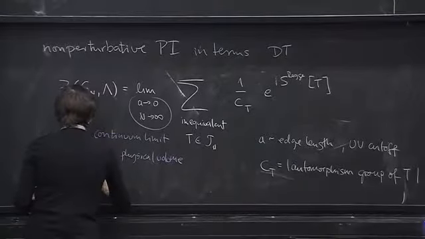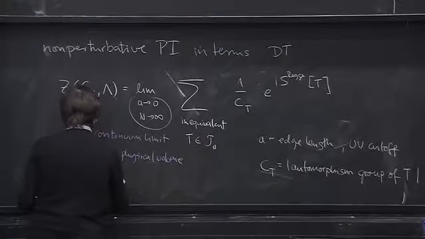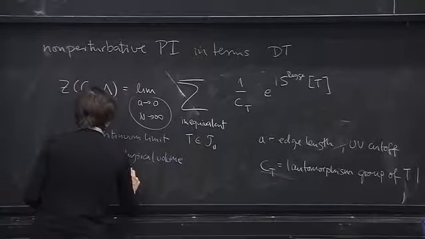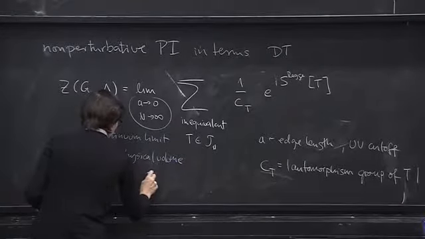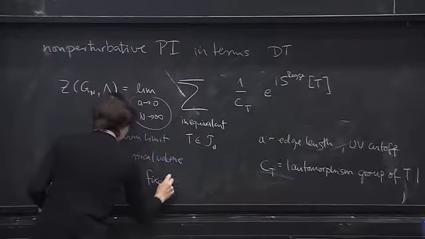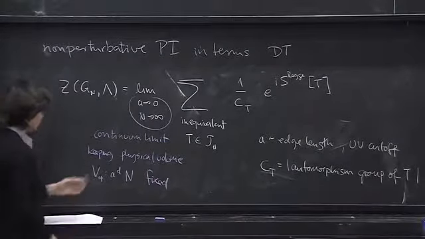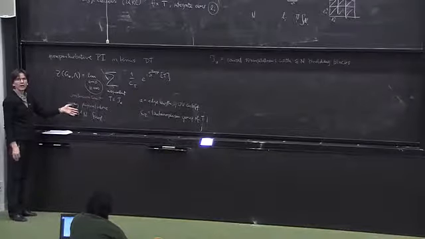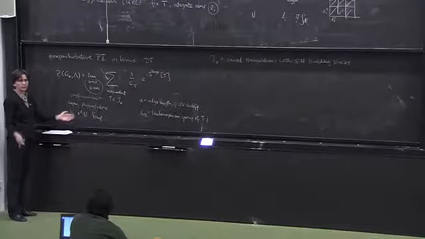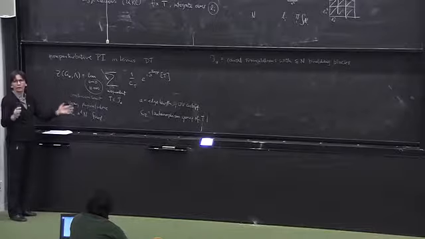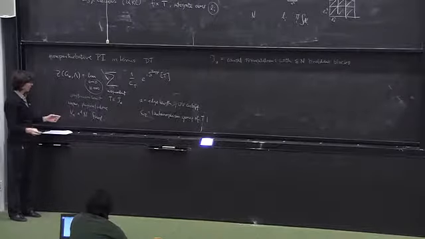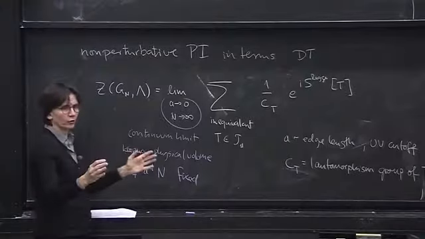So, one way of doing this is to keep a to the d times capital N fixed. This is just the physical picture one has. I start with a chunk of space-time of a certain 4-volume.